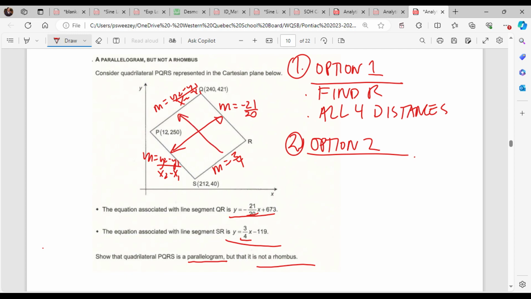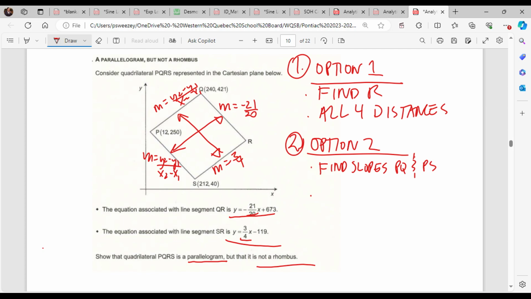So first thing would be basically find the slopes of PQ and PS. So that's part one.